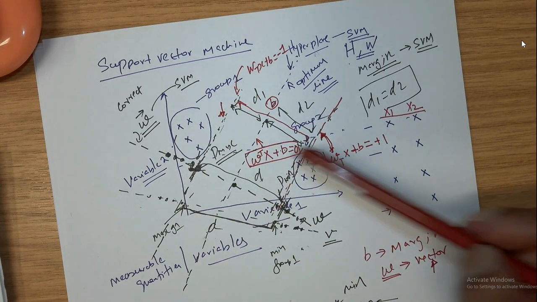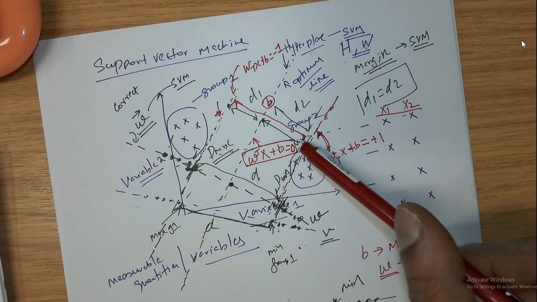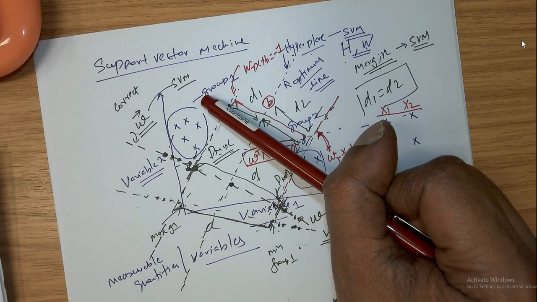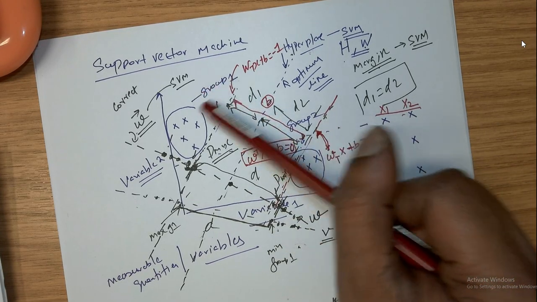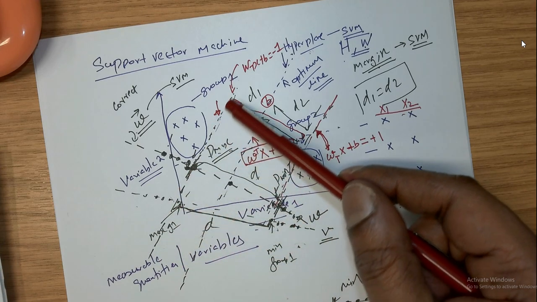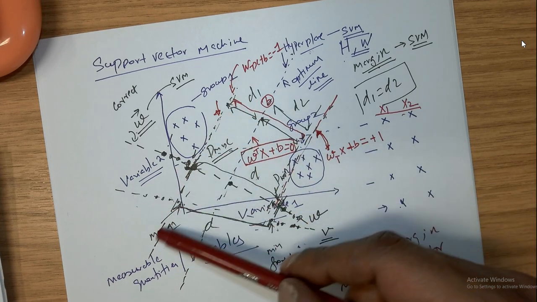So which means if your data falls on this side of the hyperplane, that may belong to one category. If your data falls on that side of the hyperplane, it may belong to group 1. And you also need to identify the equation for the support vector.